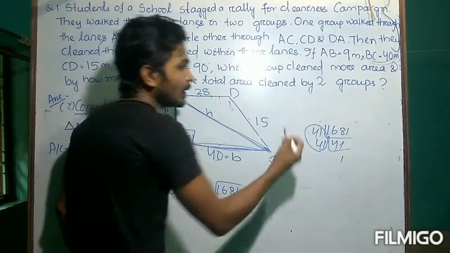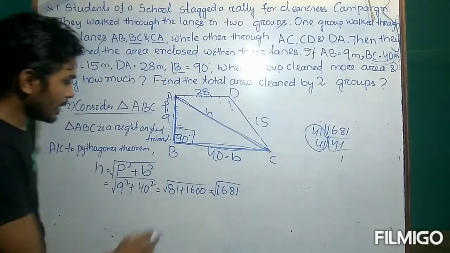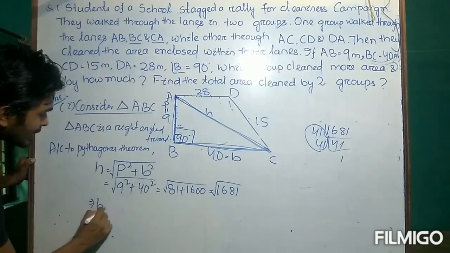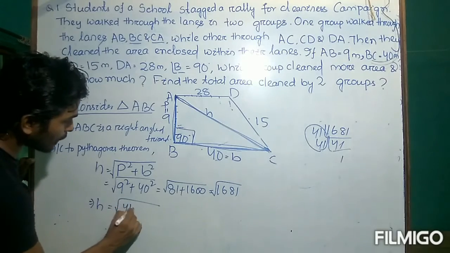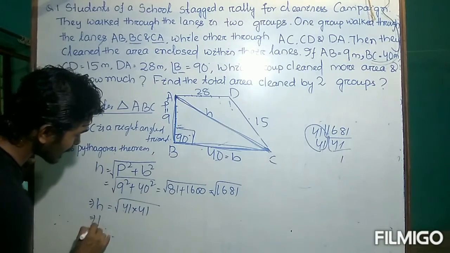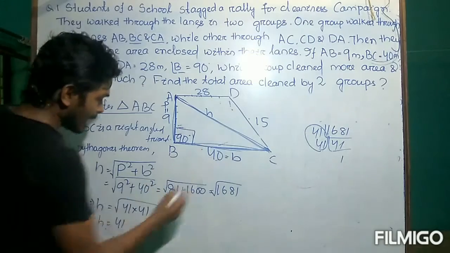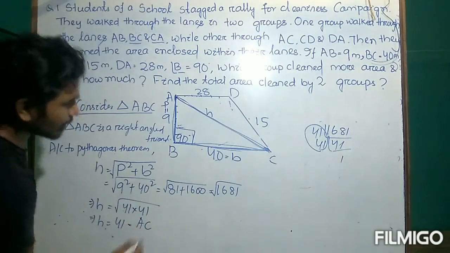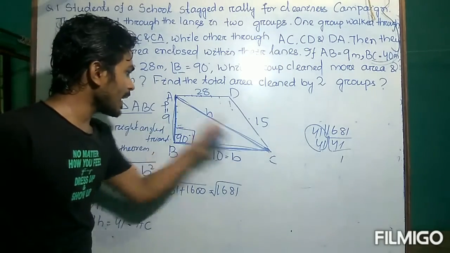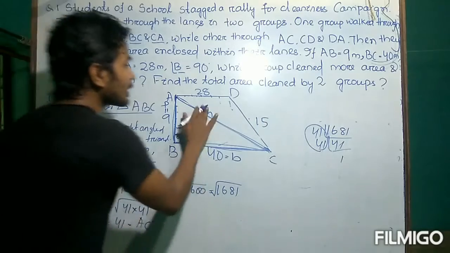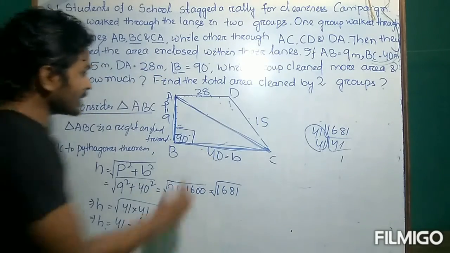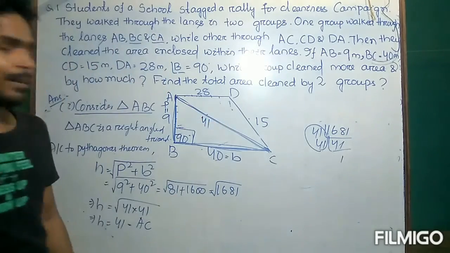So you can see there are two 41s. H is equal to the square root of 41 times 41, which implies H is equal to 41. H means AC, the third side of this triangle ABC. Now the third side of the triangle is found, that is 41.